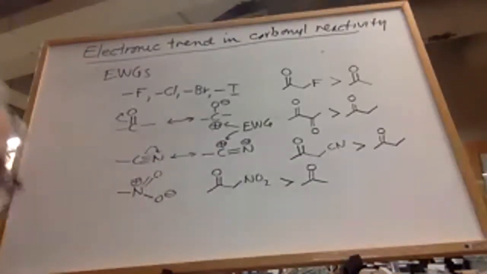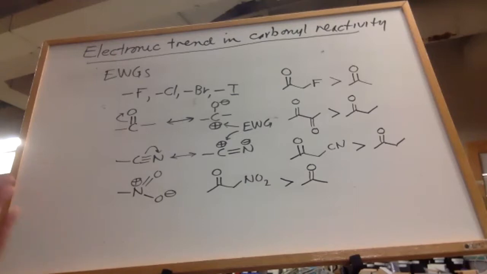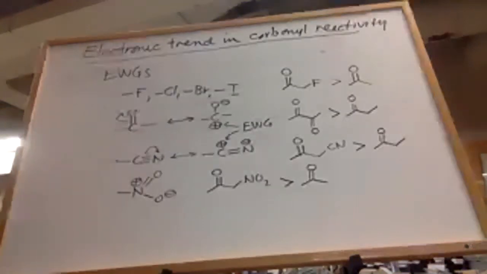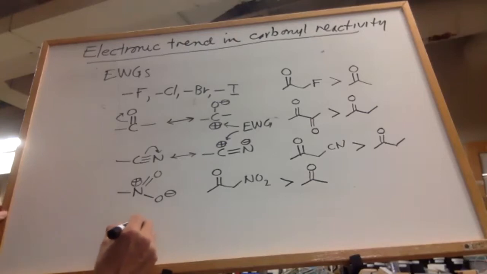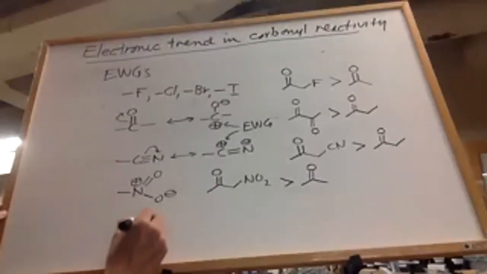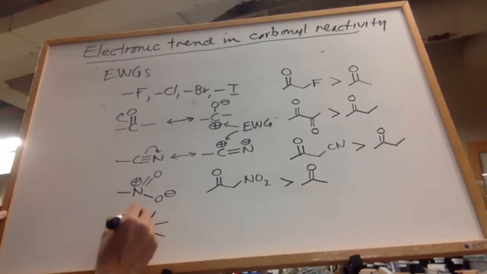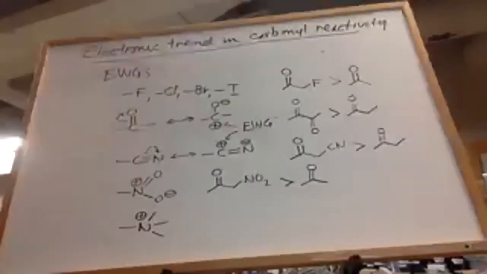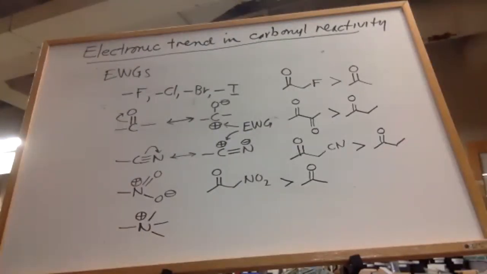And there are other electron withdrawing groups. The only other one that I have time to talk about is one that is encountered in biochemistry frequently, and that is going to be a positively charged nitrogen atom. Well, positive charge is electron withdrawing because electrons are negatively charged, and a negatively charged thing is attracted to positive charge.